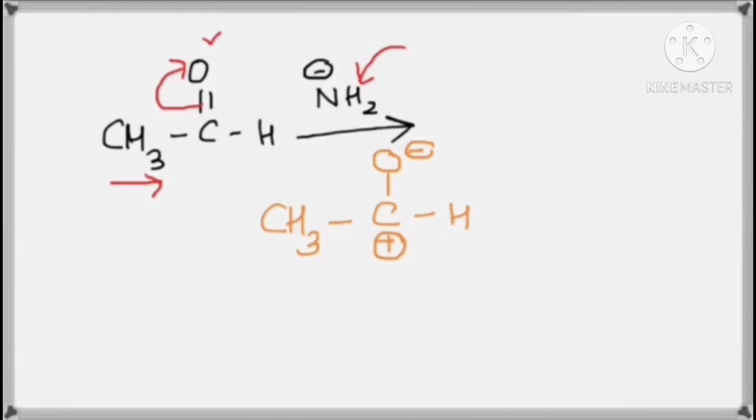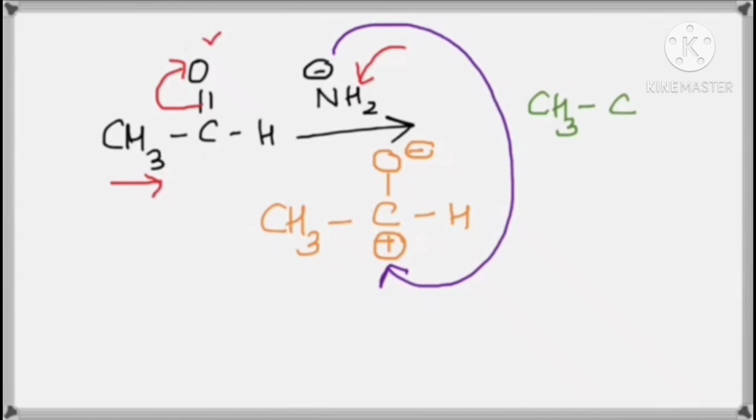These electrons on the nitrogen atom will try to go to the positive charge, and therefore it will go to this carbon which has the positive charge. And so we end up with CH3 C, and it bears an O minus here, and then we have an NH2 here, and we also get an H atom. So that is how the reaction will take place.